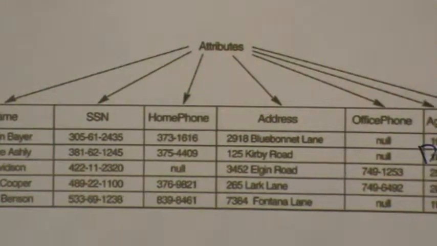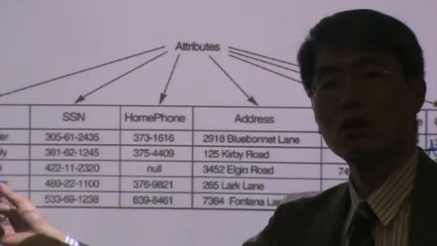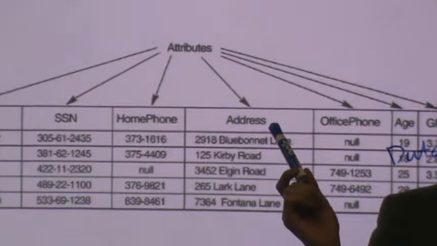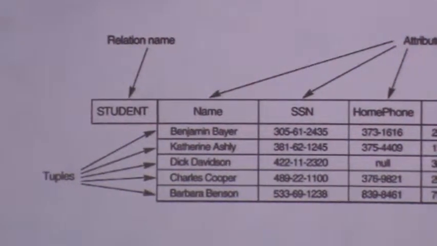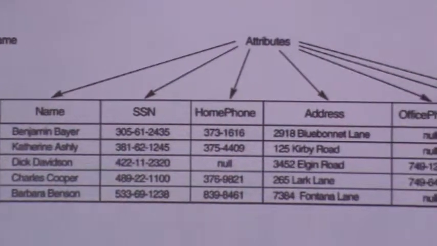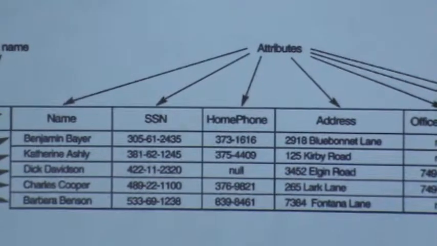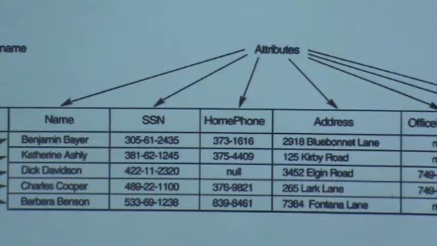As we discussed last time, sometimes some of the data are missing. That doesn't make sense because each tuple should have the same format. To address that problem, we can use null. We will see a little bit more about null later on.